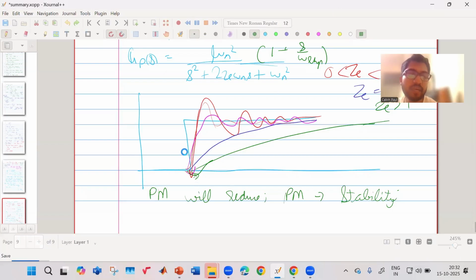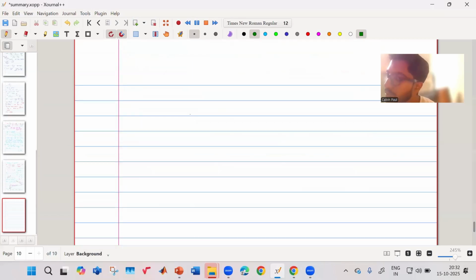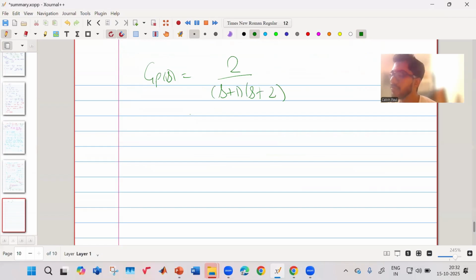Also, one easy type of question you have seen in the assignments. You have your plant that is given by 2 upon, let us say, (s plus 1) into (s plus 2). What they're saying is you have to design a controller for this, Gc(s).